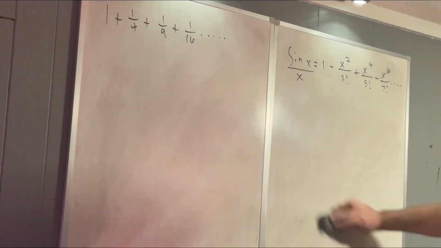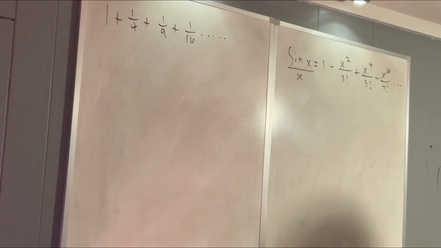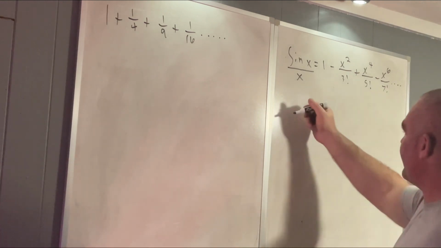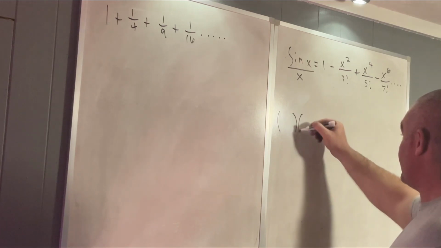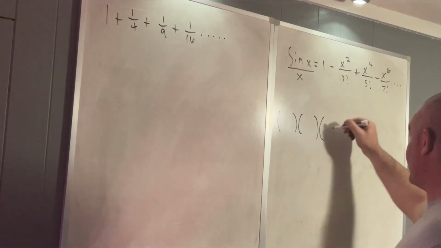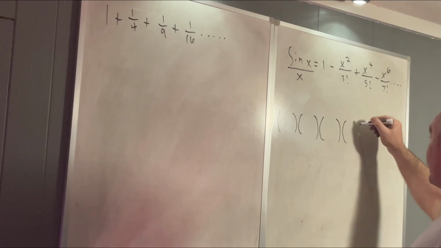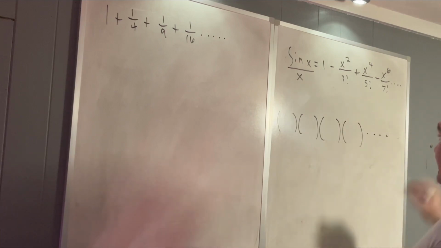How do we express those roots in an infinite product? An infinite product is going to look something like this. It's going to be one term times another term times another term times another term, forever. Let's look at this for a second.